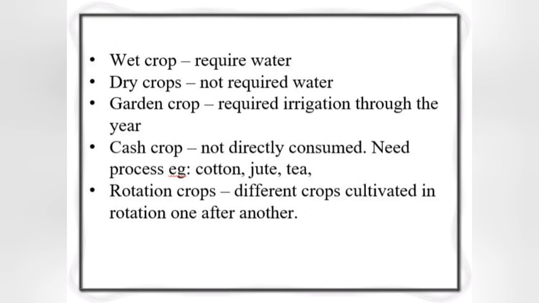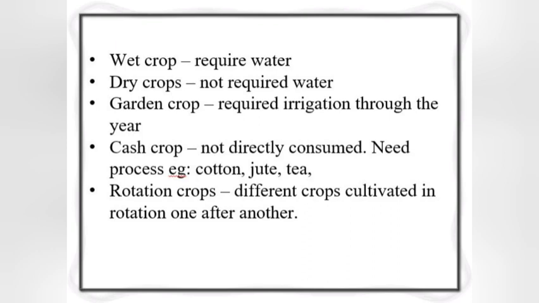In general, the crops under Rabi are wheat, barley, linseed, mustard, gram and potatoes, and the cultivation is from October to March. That is the period of cultivation, and that is what we call a winter crop.